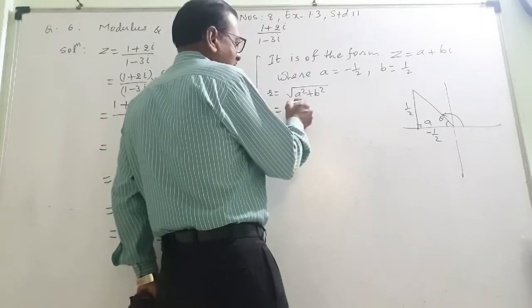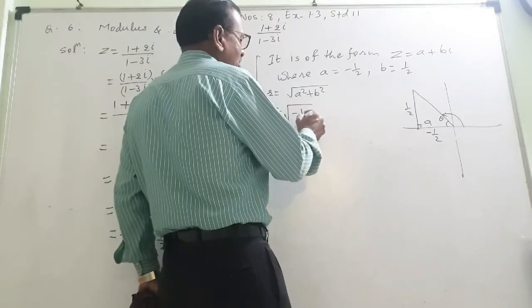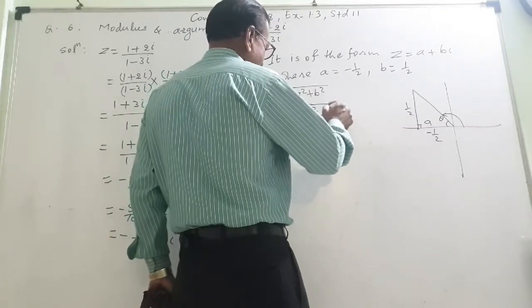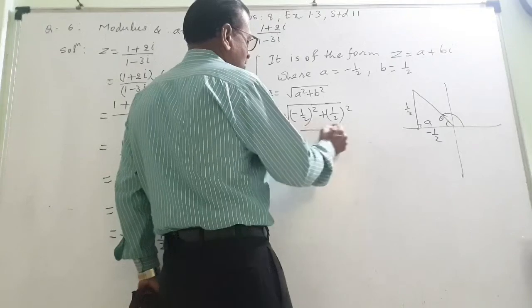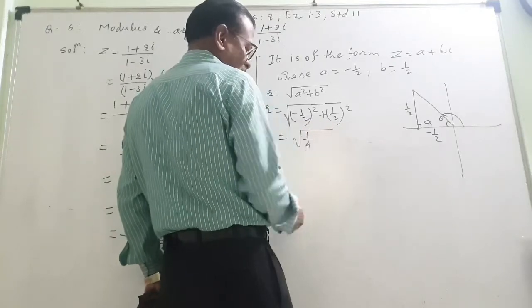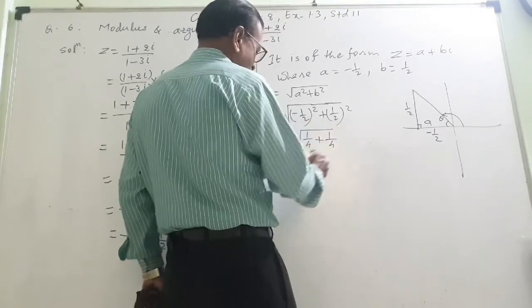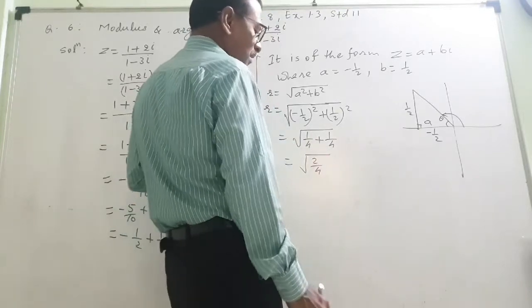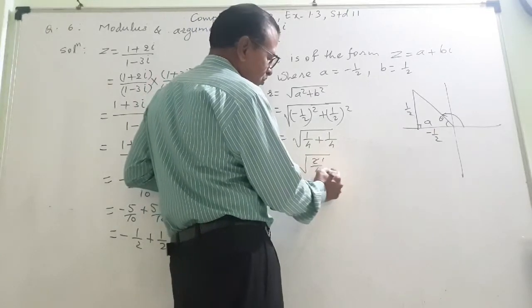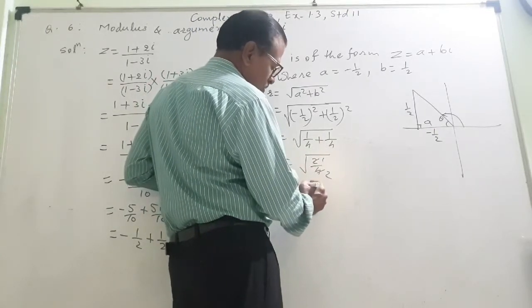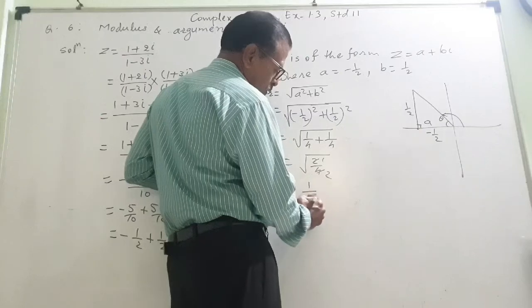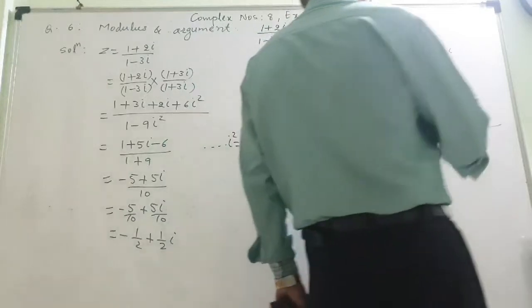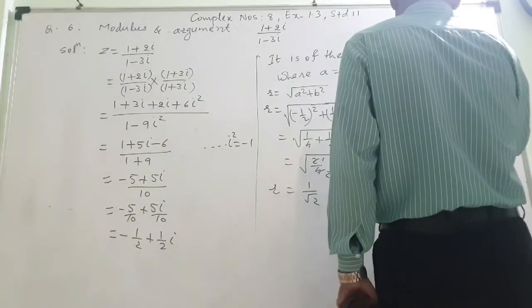So first of all, r is equal to square root of (minus 1 upon 2) square plus (1 upon 2) square, that is equal to square root of 1 upon 4 plus 1 upon 4, that is 1 plus 1 is 2 upon 4, that is equal to 1 upon root 2. r is equal to 1 upon root 2.